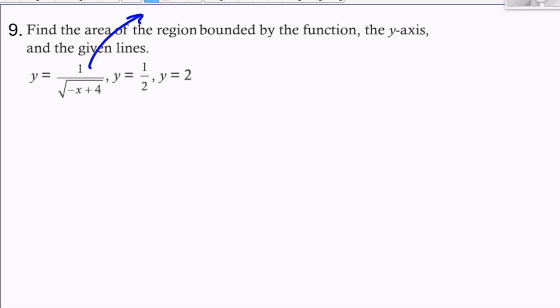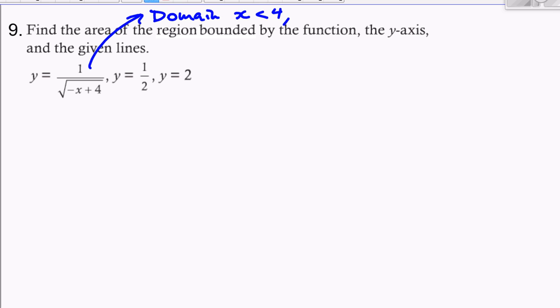In fact, if we plug in 4, we'll end up dividing by 0. If we plug in any value of x that's greater than 4, we'll end up with a negative square root. So we are basically saying here that the domain is all values of x that are less than 4. Those are the only values of x that you can plug into this function.